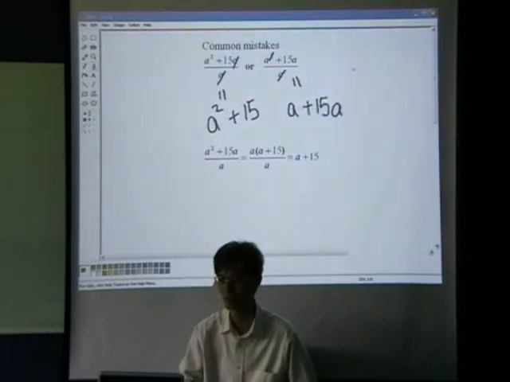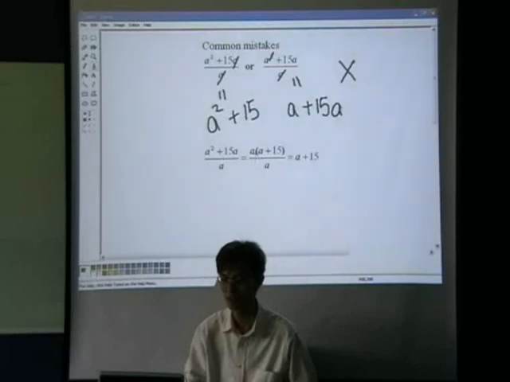However, these two results are wrong, simply because we have to factorize out the a to give you a bracket a plus 15 first before we do the cancellation in this manner to give you the correct answer as a plus 15.